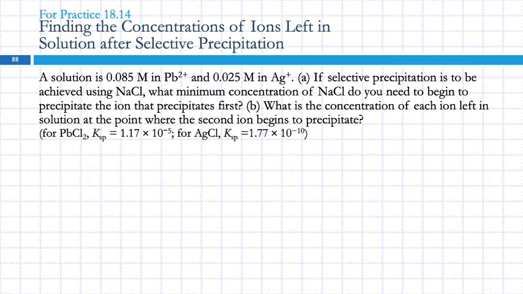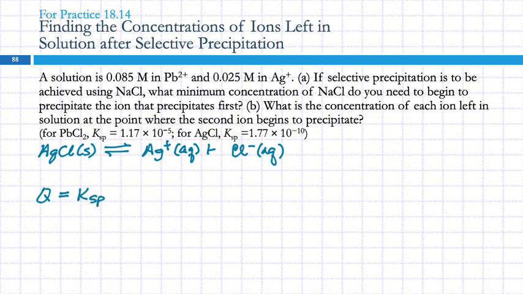So let's write the equation for silver. When silver chloride dissolves, it makes silver ions and chloride ions. And we're looking for the minimum concentration of sodium chloride. So we want Q to be equal to KSP.